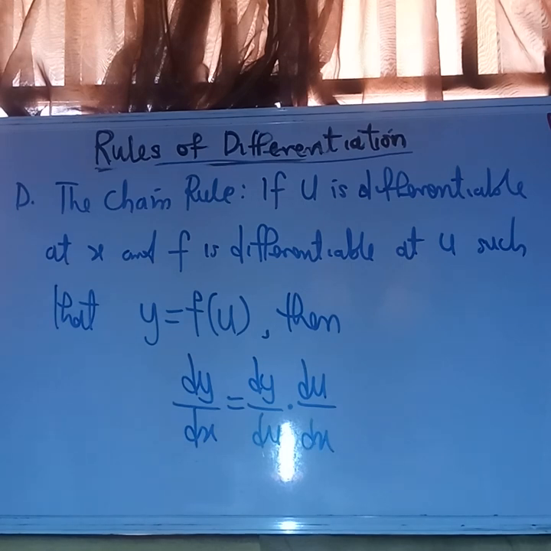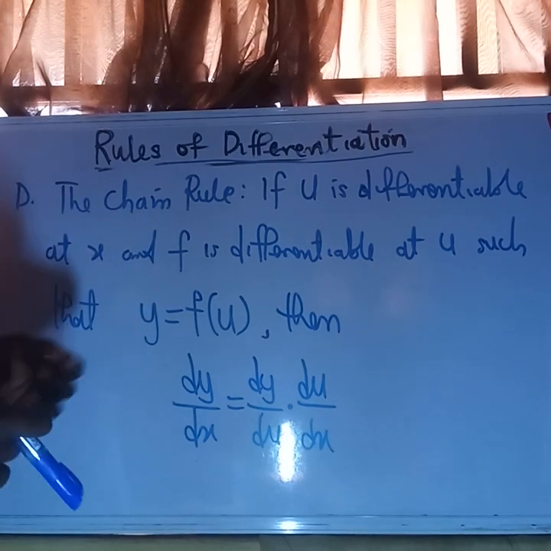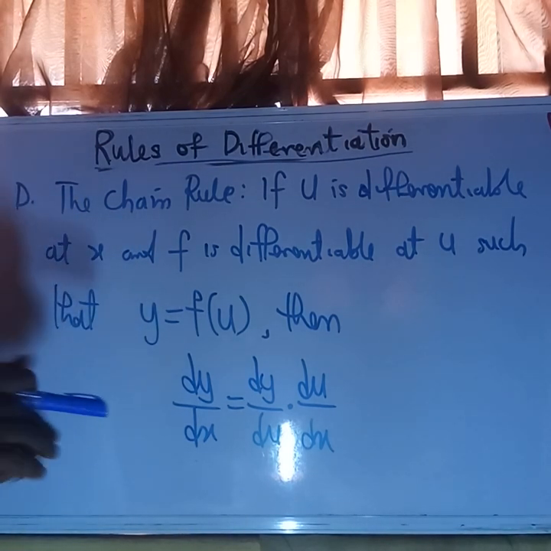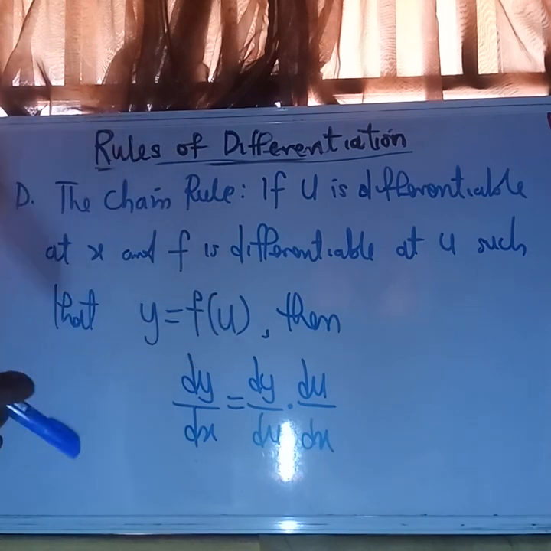All thanks to James Gregory in the early 17th century, who gave us the approach or formulation for finding the slope of a composite function like this.